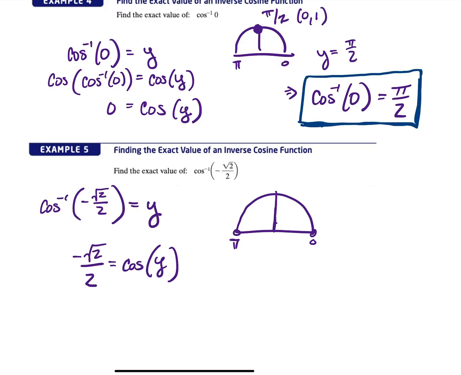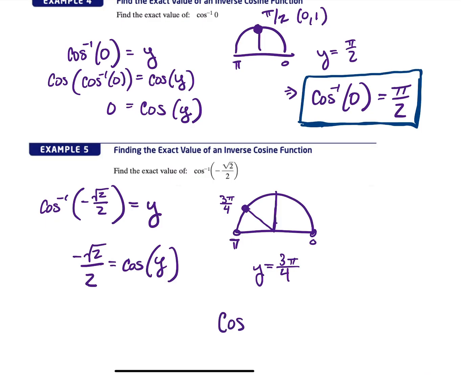So negative root 2 over 2, that means we should be in the second quadrant. It's where the cosine is negative. And root 2 over 2 happens at the pi over 4 angles. So that 45-degree angle in the second quadrant is 3 pi over 4. That has the coordinate point negative root 2 over 2, positive root 2 over 2, with the cosine being the x part of that coordinate point. So we can say the angle we're looking for is 3 pi over 4.